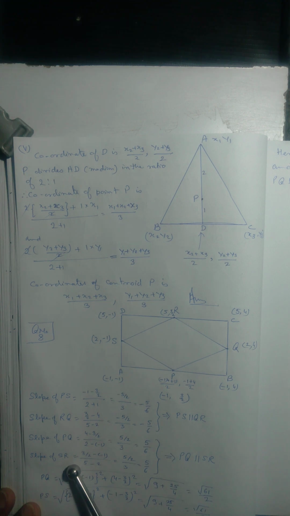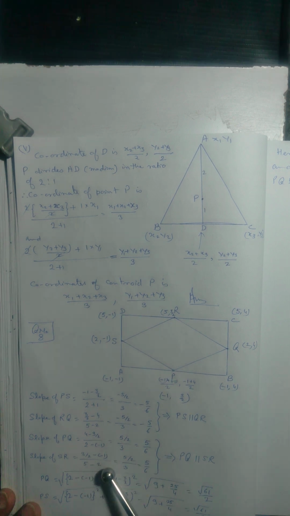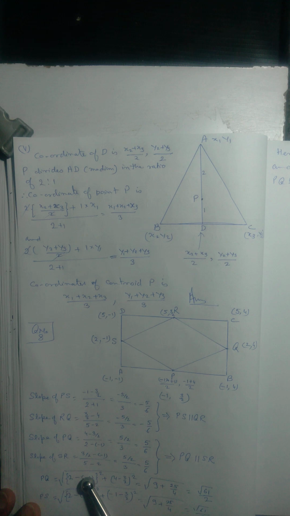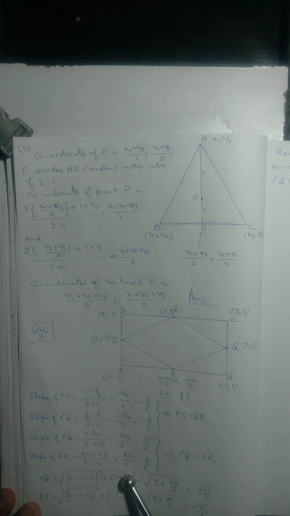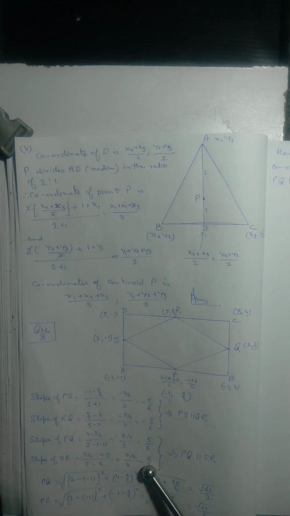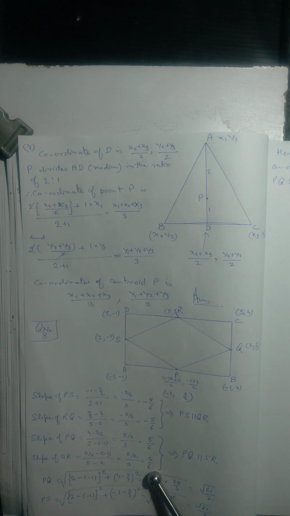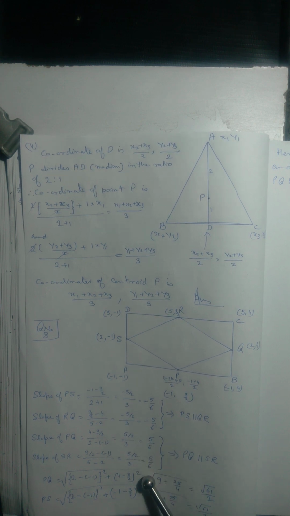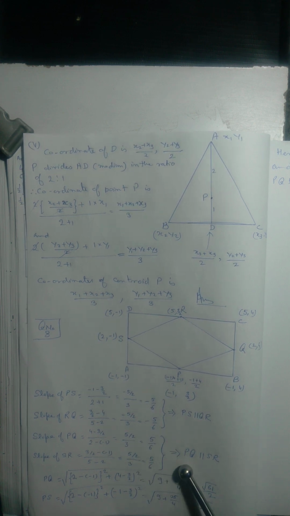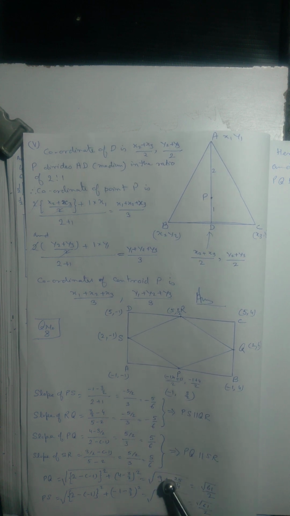Now the slope of SR, again (y2 minus y1) upon (x2 minus x1), you will get (3 by 2 minus minus 1) upon (5 minus 2), that will be equal to 5 by 2 upon 3. Solve it, you will get 5 by 6. So both slopes are the same. Again this establishes that the opposite sides PQ and SR are parallel.